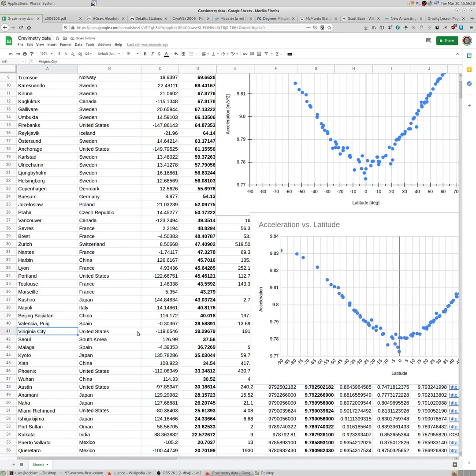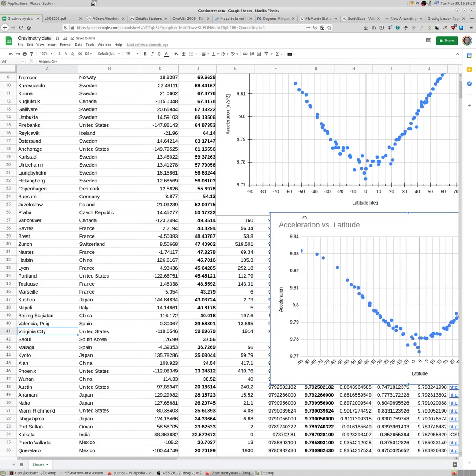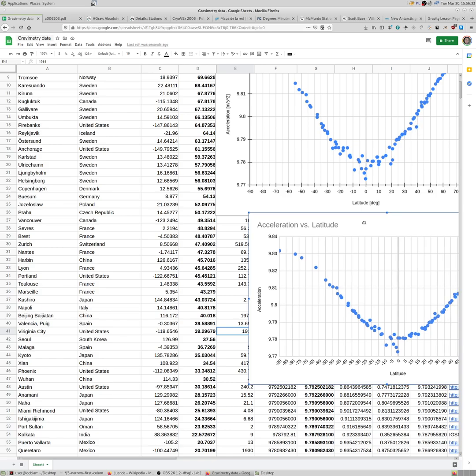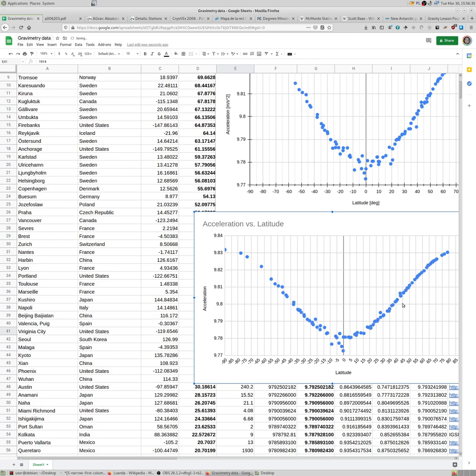This is a Virginia city, and it's very high, 2 kilometers above sea level. So this is why the acceleration is lower. It's further away from the Earth. If we compensate for that, it's no longer a problem. It's back here.